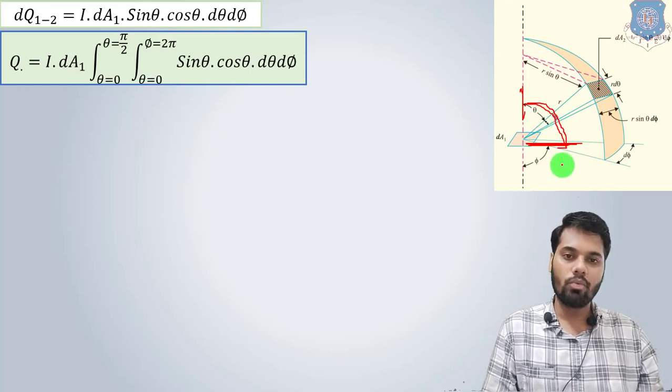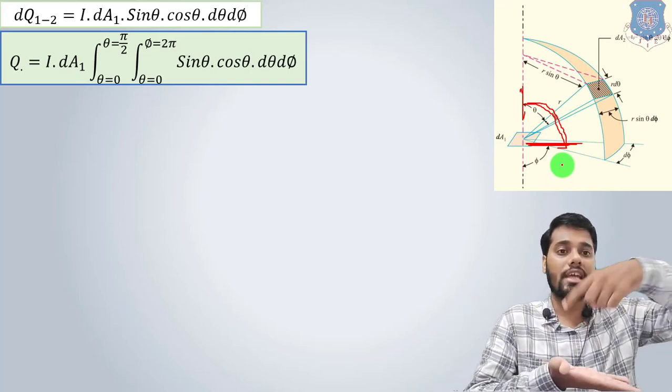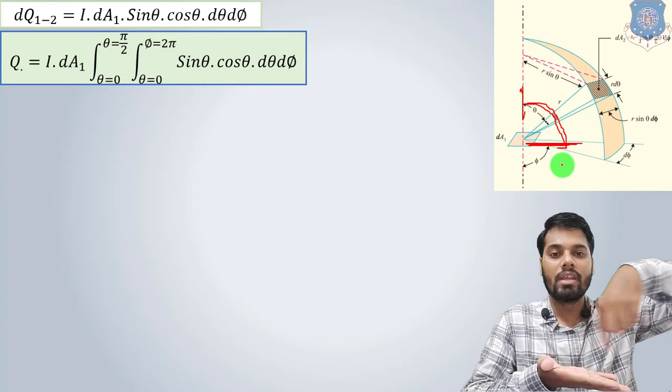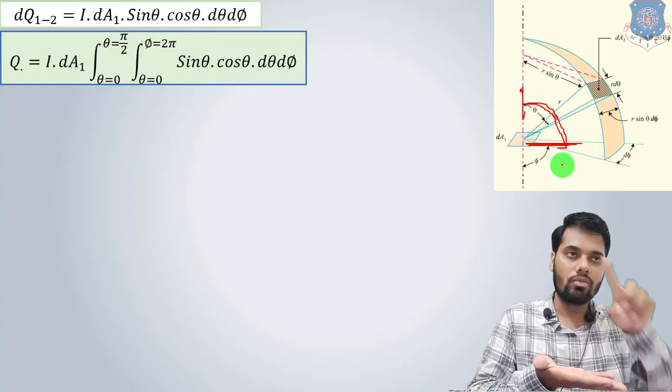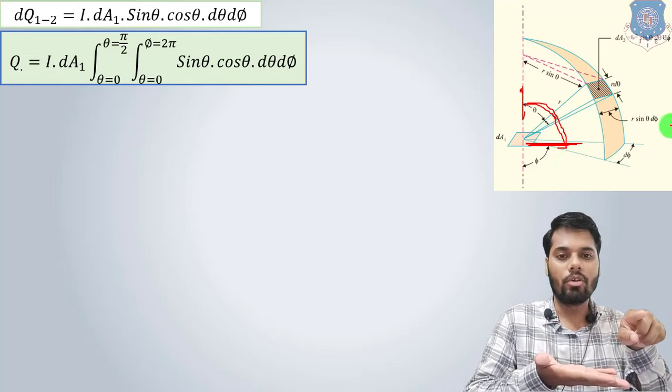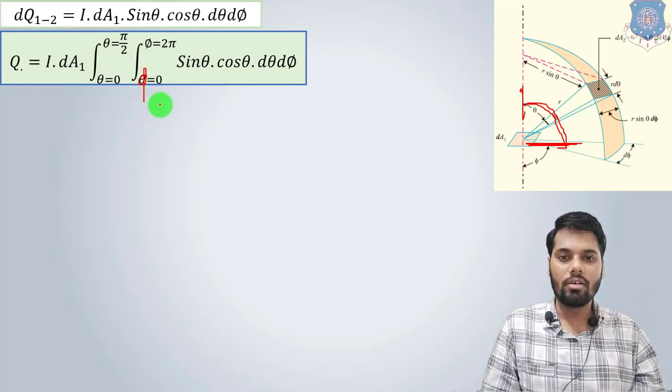For phi it would be 0 to 2 pi, 360, because it can rotate in 360 as this is a hemisphere. So the limit for theta is 0 to pi by 2, 0 to 90, and for phi it is 0 to 2 pi. Here it is phi, not theta. Okay.